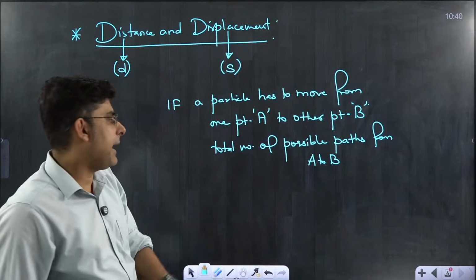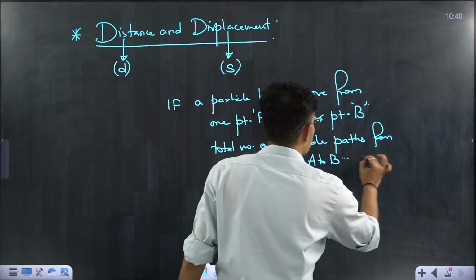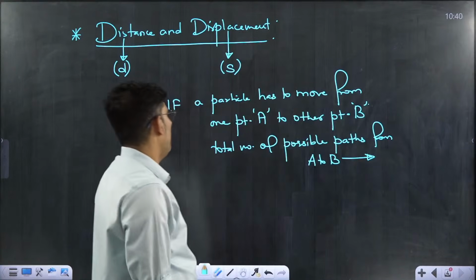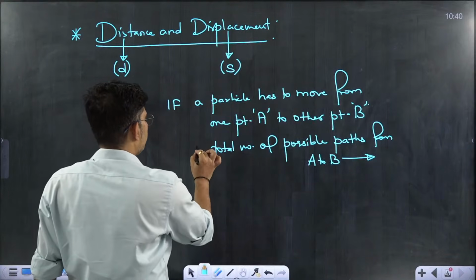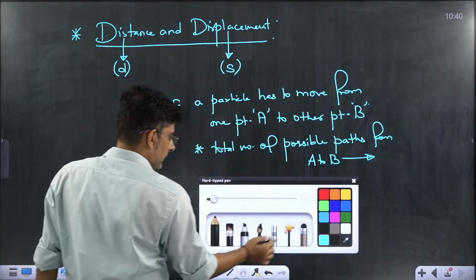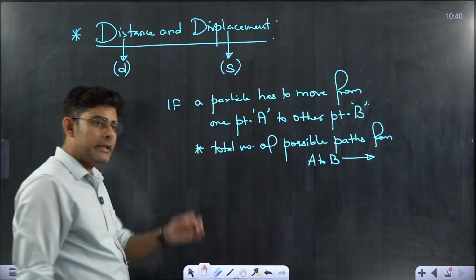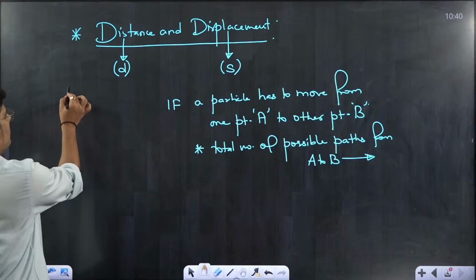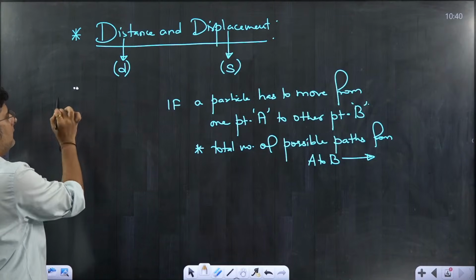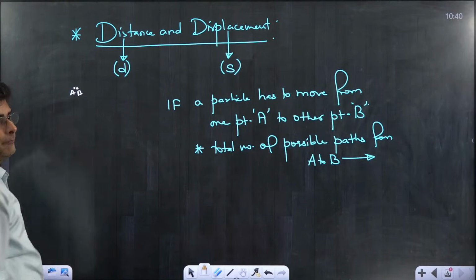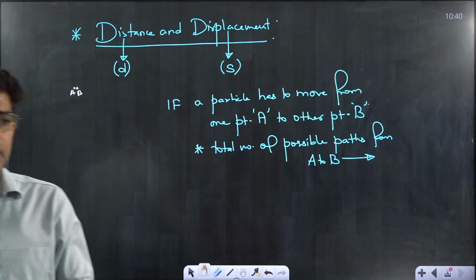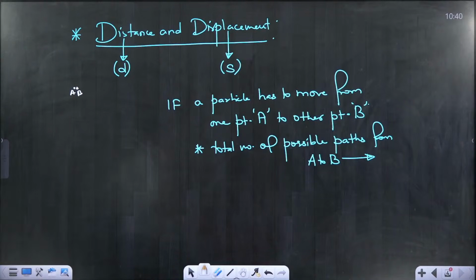So what will be my answer for this? Total number of possible paths from A to B. Take any 2 points. You can take them as close as here, like this. I can take this as A and this as B. How many paths are possible?